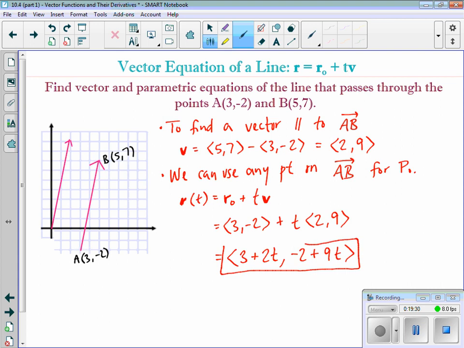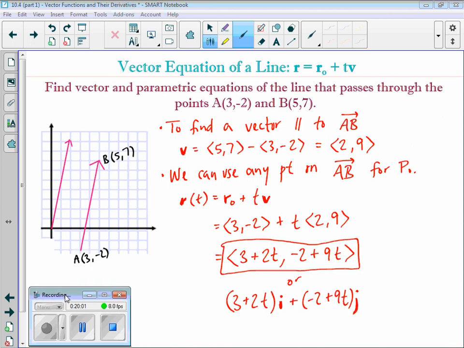Or how can I write it with i's and j's? So you put the 3 plus 2t, that's your i, plus, and then you do the negative 2 plus 9t, and that goes with the j. Okay, so it's fine to write it either way. Usually people write it this way because it's quicker, but they might write it the other way on the AP test or something.